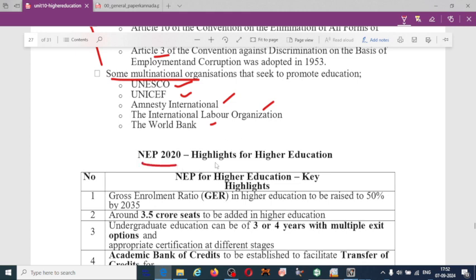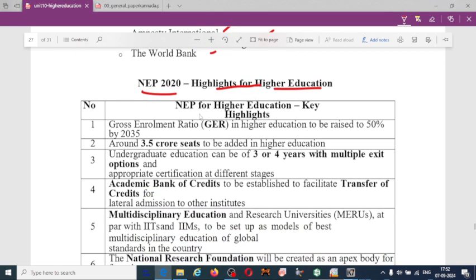NEP 2020 highlights for higher education. These are the key points. Gross enrollment ratio in higher education to be raised up to 50% by the year 2035. 3.5 crore seats to be added in higher education.